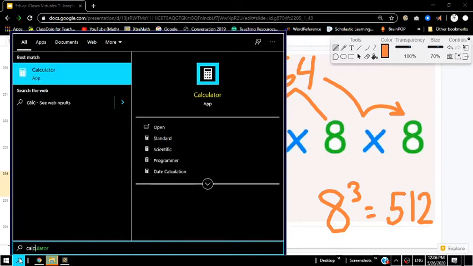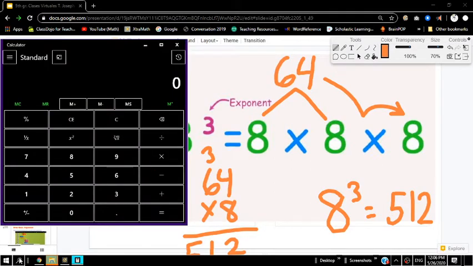Let's see. So we have 8 times 8 times 8 equals 512. Now you'll see on this calculator there's a little squared symbol.